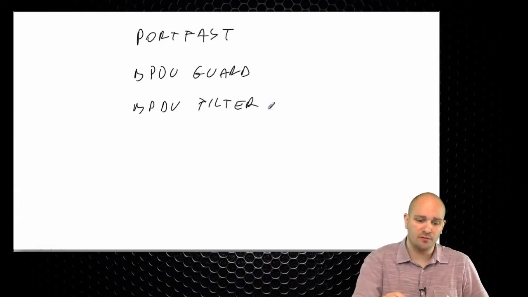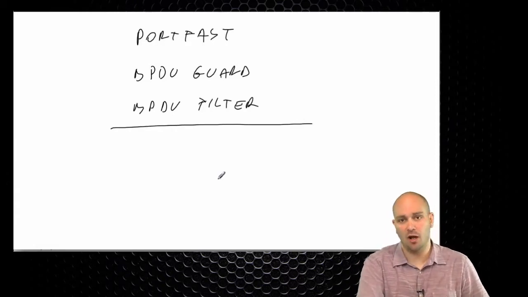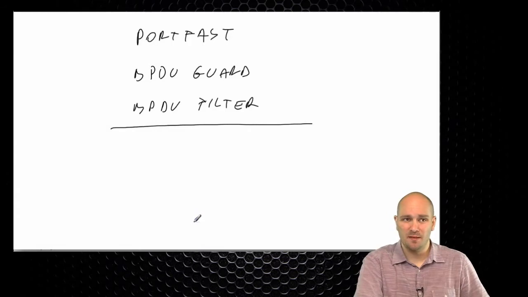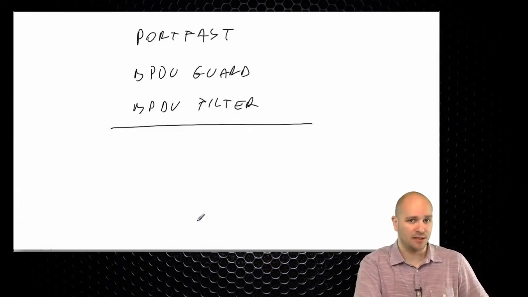One of the contributing factors for the struggle with these features is somewhat imprecise documentation from Cisco about what these features do, and added to that is the interpretation of various people around the internet.